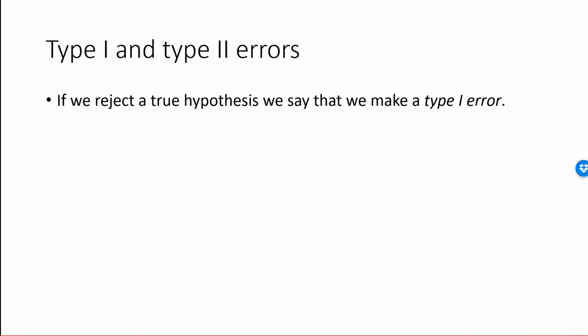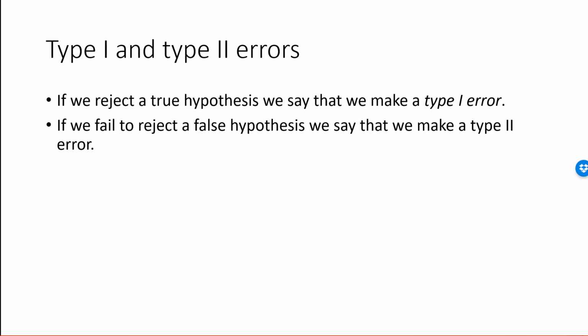Similarly, if we send an innocent person to jail, then we're also making a type 1 error. The other mistake we can make is that we have a null hypothesis that's actually false, but we fail to collect enough evidence to show this. So if we fail to reject the false hypothesis, then we're making a type 2 error.